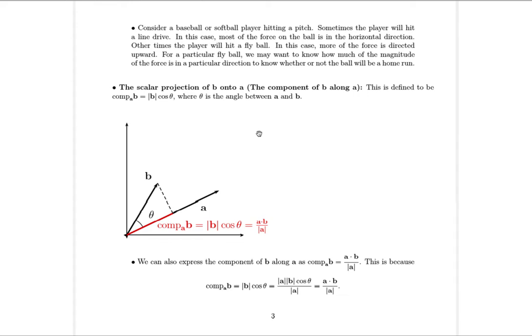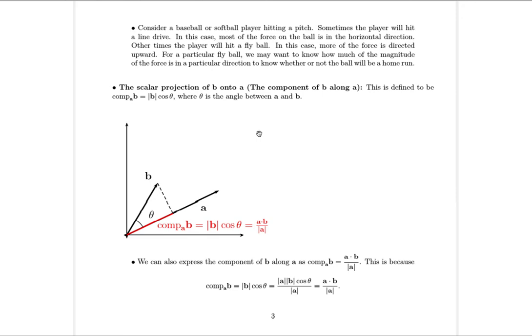So one of the things you might want to know with vectors or forces is in what direction those forces are being applied. And if you talk about how hard a ball is hit, you need to know something about direction, how much of the force is horizontal versus vertical, to know whether it's going to be something like a home run.